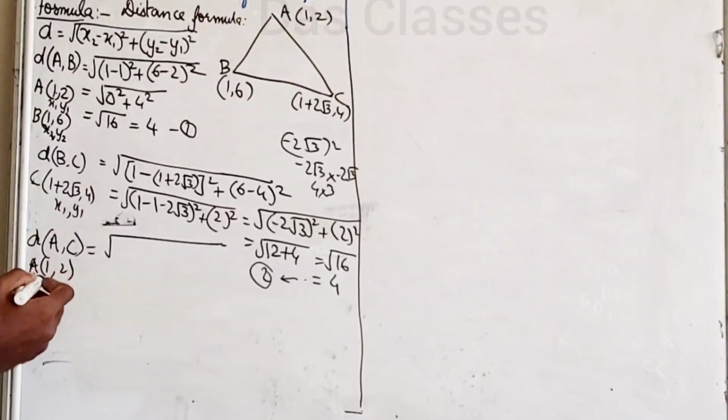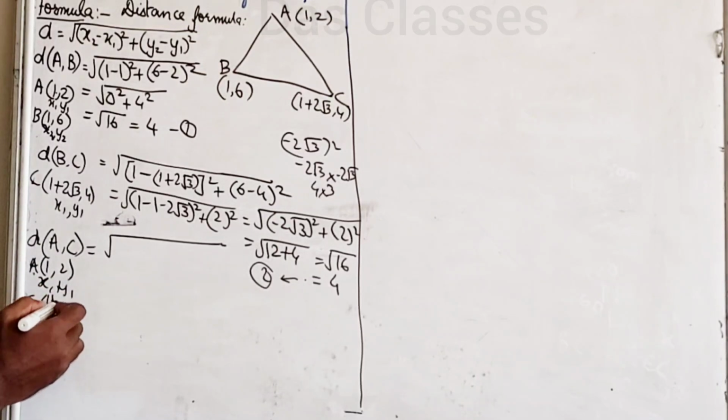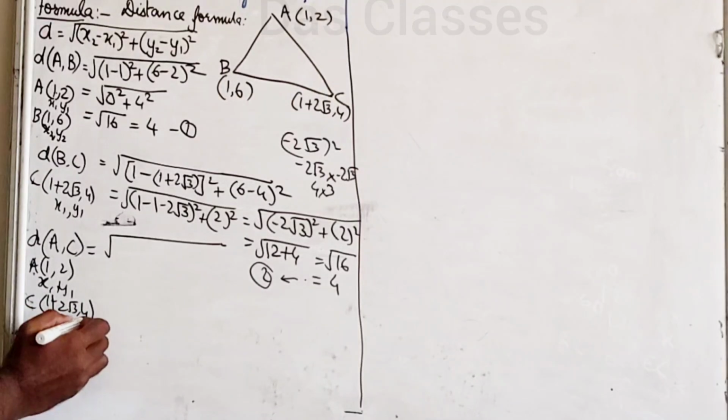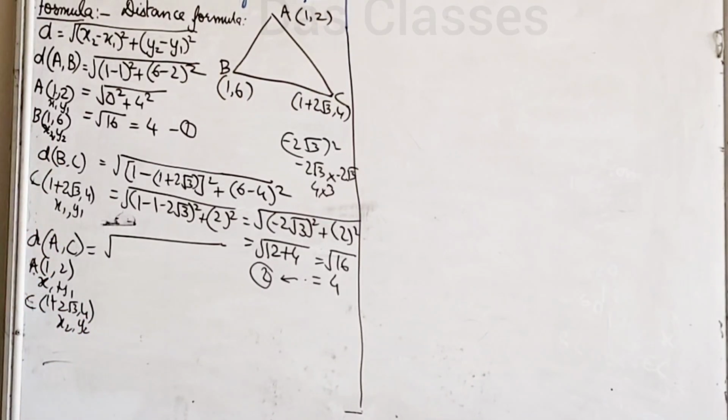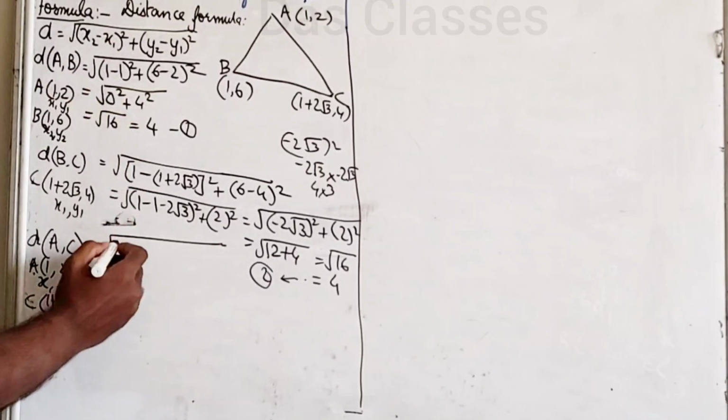So let's consider A as x1, y1 and C (1 plus 2 root 3, 4) as x2, y2. Let me tell you, you can consider any point as x1, y1 and any point as x2, y2. That doesn't matter. So this time I have taken it first to make you understand how you'll solve it in that case. So the formula is x2 minus x1.